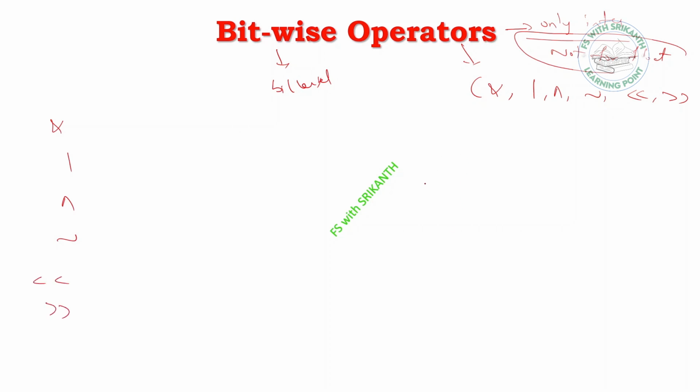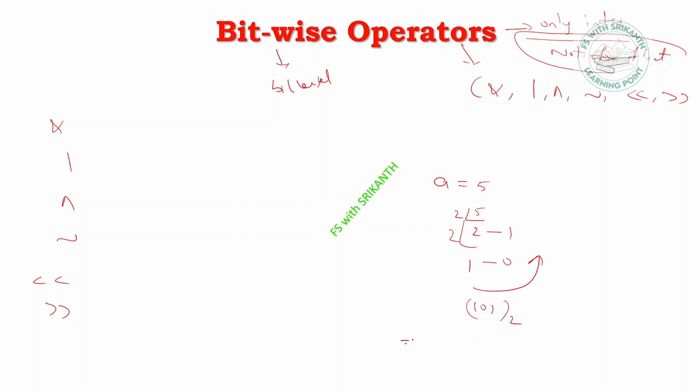First we focus on how we convert to a bit value. Suppose A value is 5, how are we converting? 2 into 5 is 4, remaining is 1, and 2 into 1 is 2, with remainder 0... So here it is 1 0 1 in base 2.